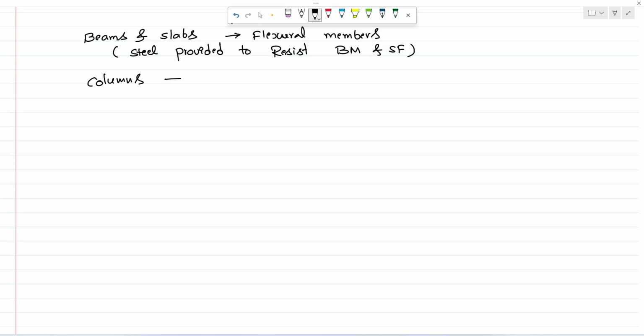So columns are designed for axial compressive load and biaxial moments.